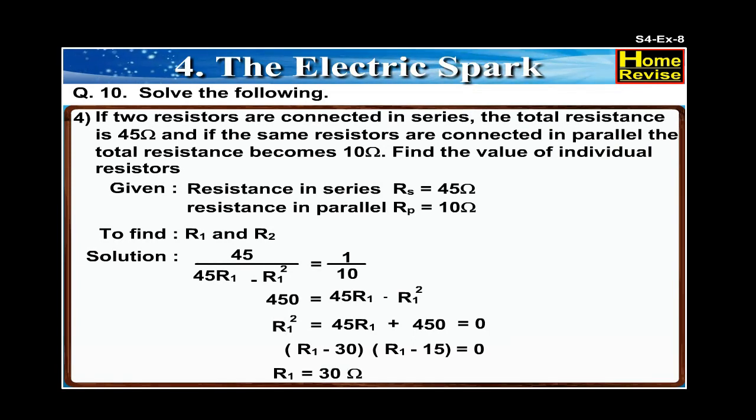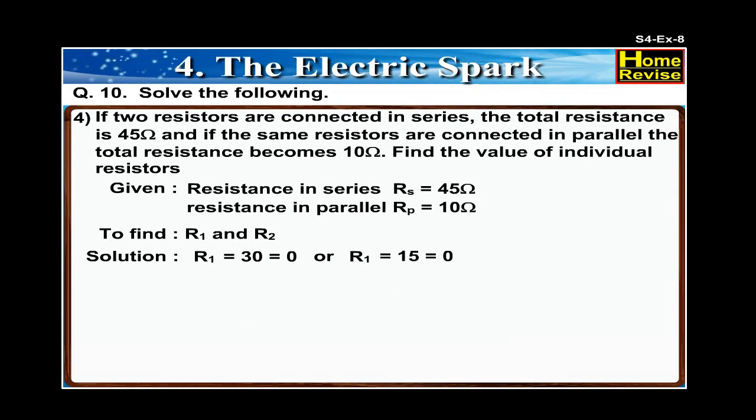R1 minus 30 is equal to 0, or R1 minus 15 is equal to 0. R1 is equal to 30 ohms, or R1 is equal to 15 ohms.